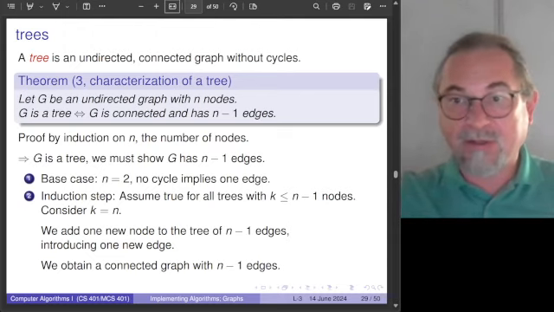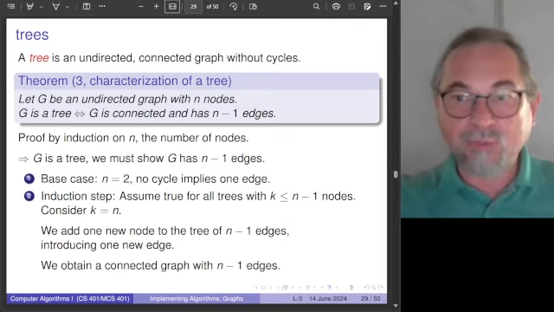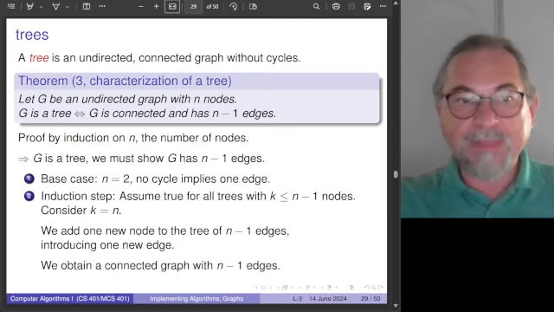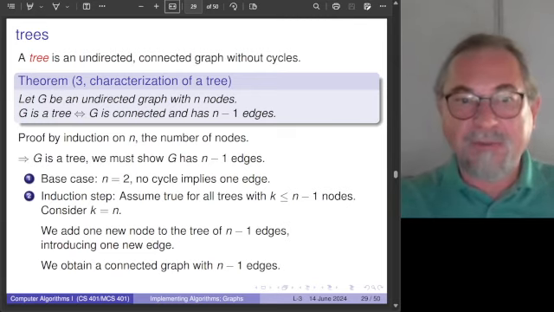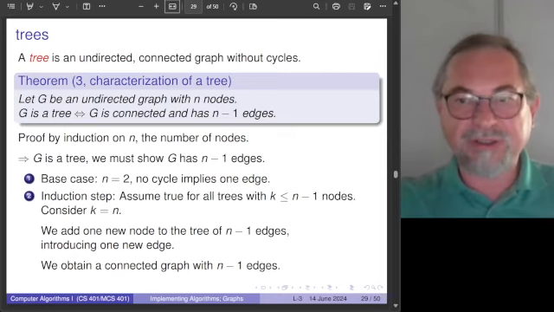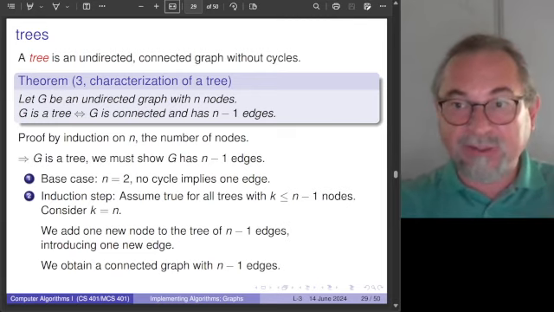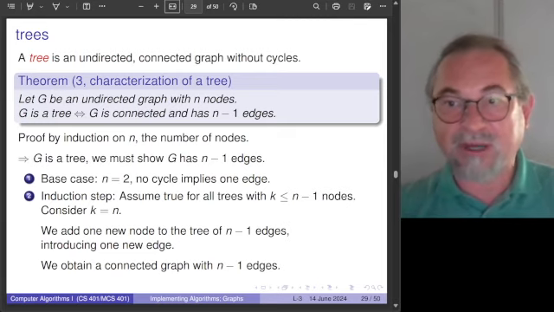How do we do this? Well, we consider one extra node, and we have to connect it. So it has to be a tree. We connect it by adding one extra edge, and that's the only thing we can do. We cannot add more edges, or we would start to create a cycle.